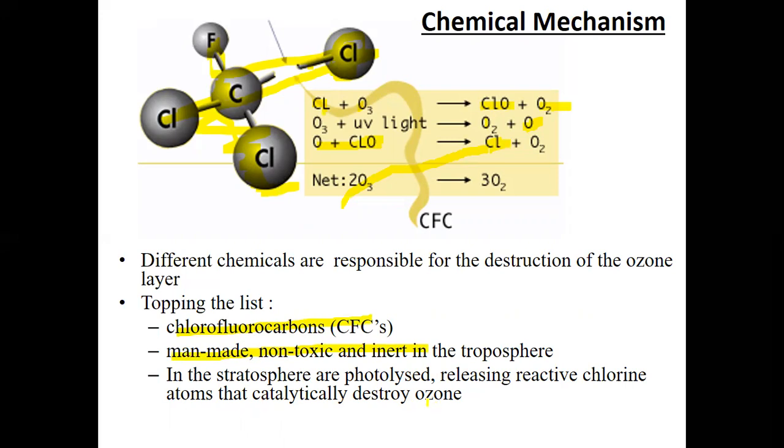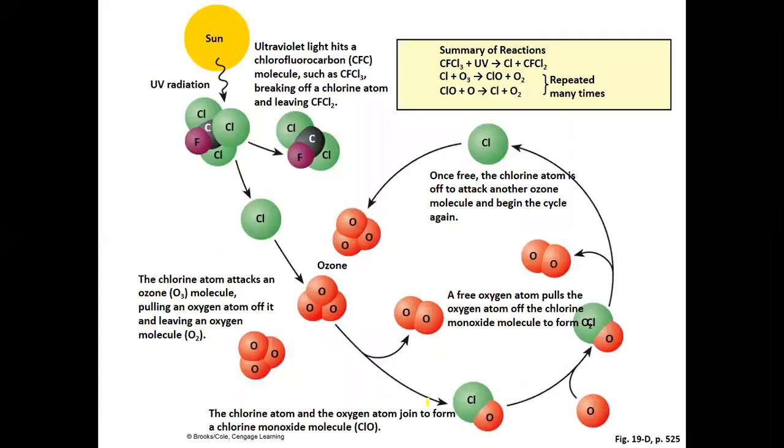So chlorofluorocarbons at ground level are very inert and non-toxic, but when they enter the stratosphere, they destroy the ozone molecules, creating holes that allow ultraviolet B rays to reach the Earth's surface.